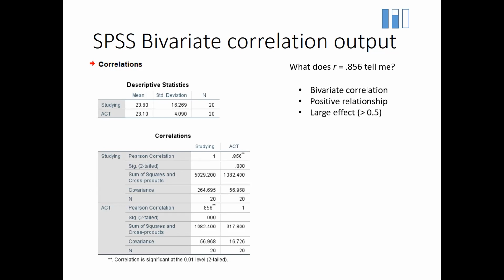If R is negative, then you would say, as study time decreases, test scores would increase. That's a negative relationship. That's going the opposite direction. Does that make sense?